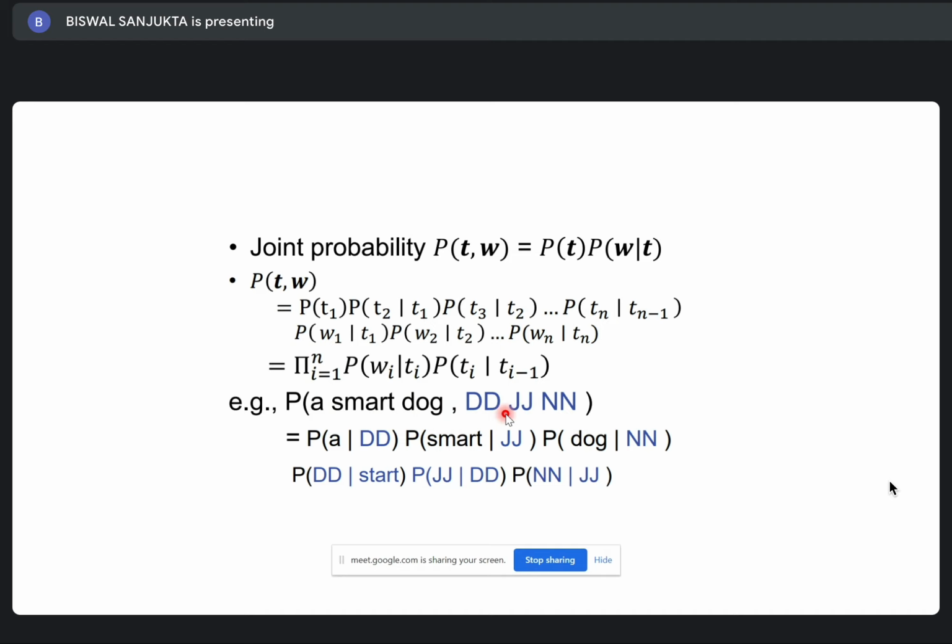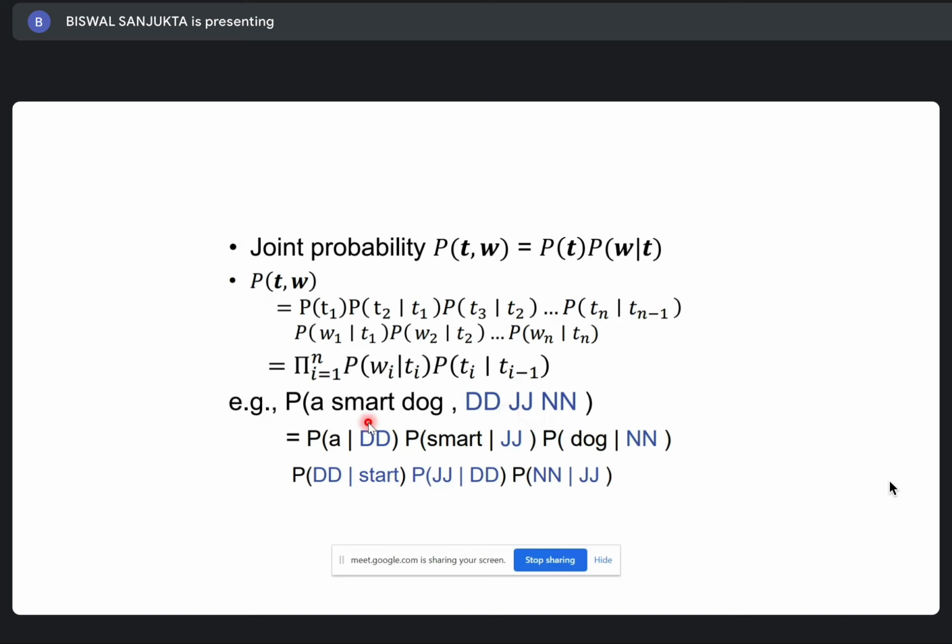In POS tagging we are always given a sentence, and someone says, find its tags. So we find the probability of the tag sequence given a word sequence.